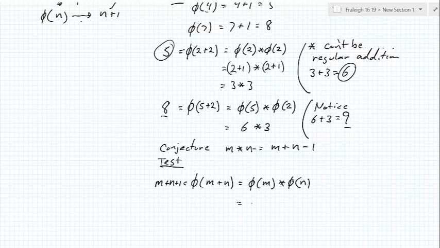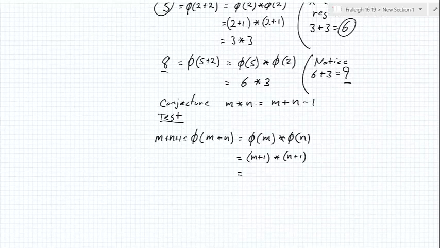Well, we know what phi does. That adds 1, so this is m plus 1 star n plus 1. And we've now decided on how star is going to operate. Star just subtracts 1 from the sum.